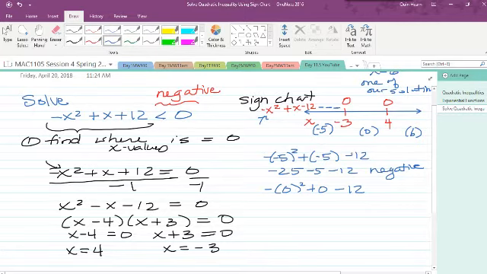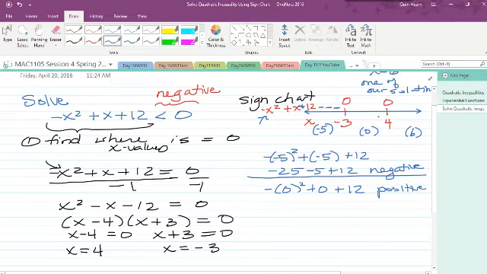Oh, that was supposed to be a plus 12. Oops, sorry, guys. Copied that down wrong. Okay, so anyways, we still would have gotten a negative when we plugged in -5, because -30 plus 12 is still negative. 0 plus 0 plus 12, though, is going to be positive.